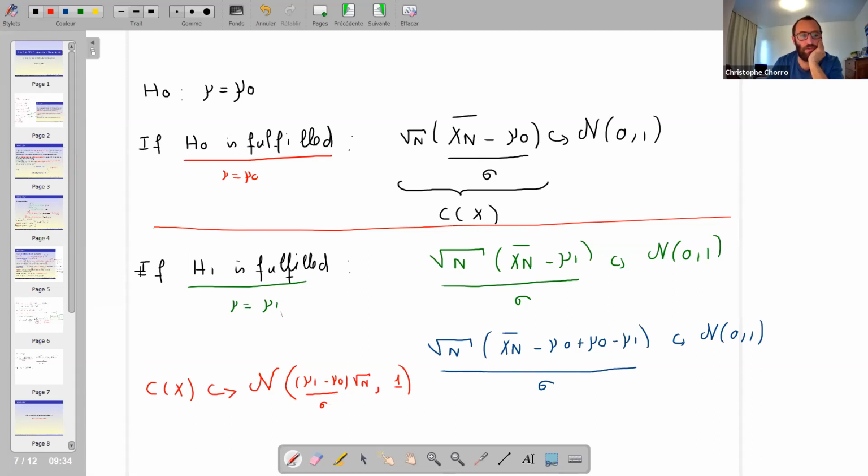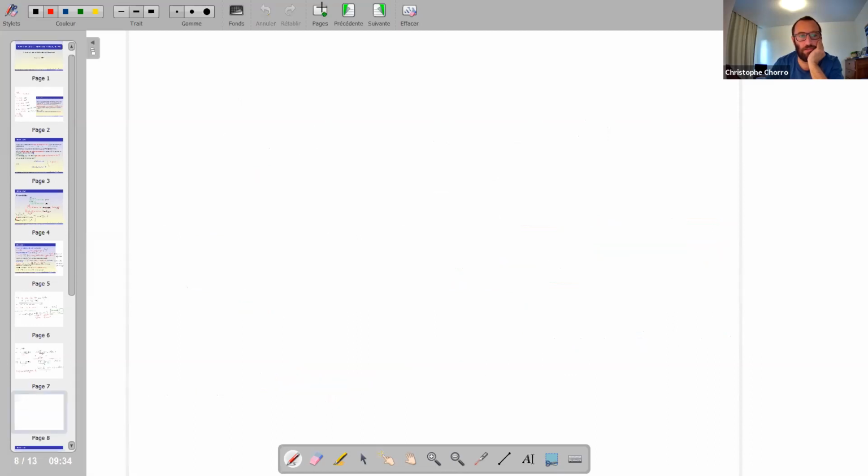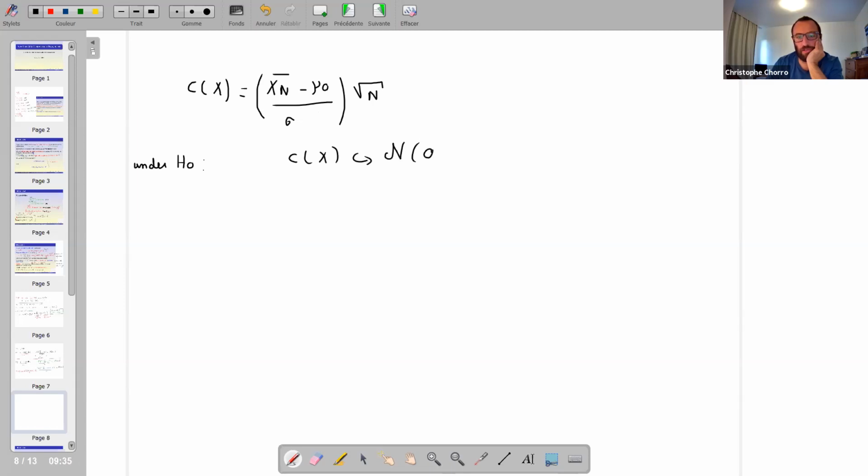So if I summarize what I have obtained, I have defined a statistic. And I know that under H0, C of X follows the N(0,1).